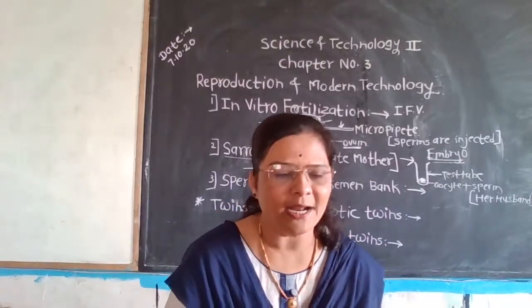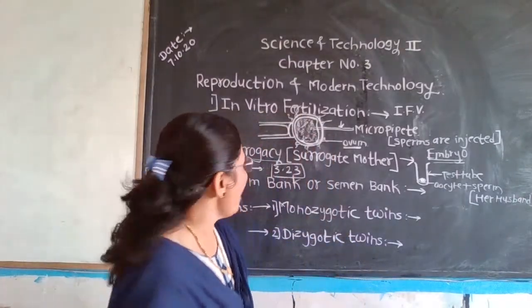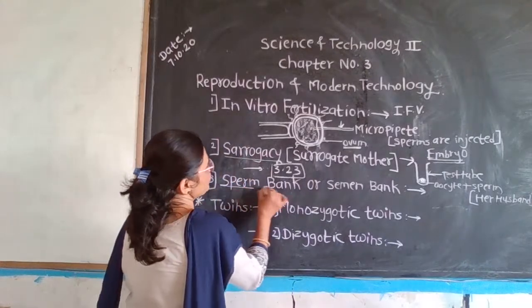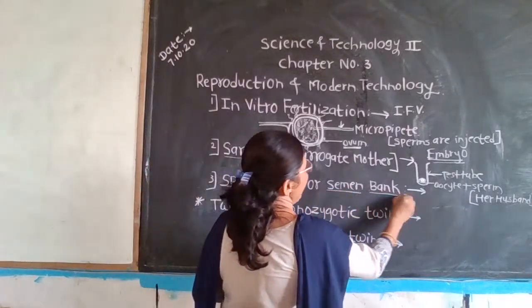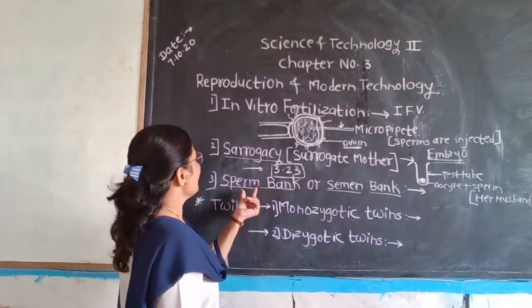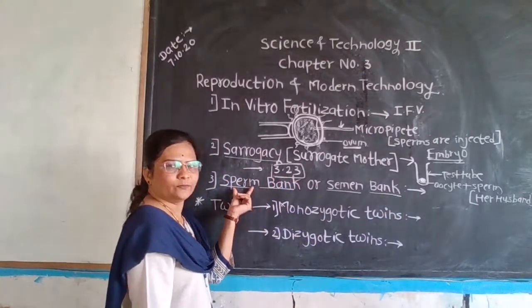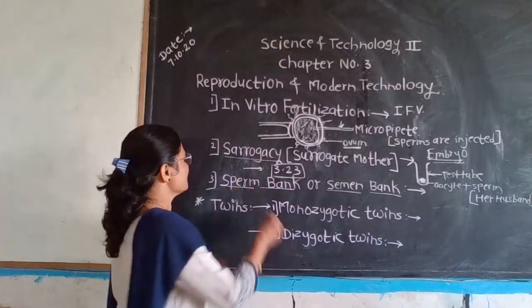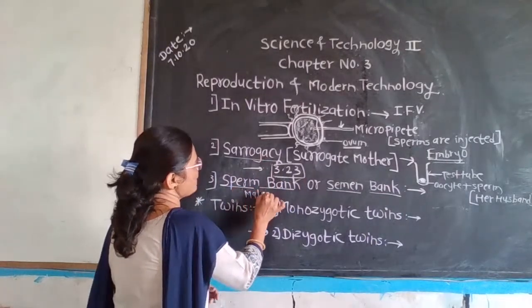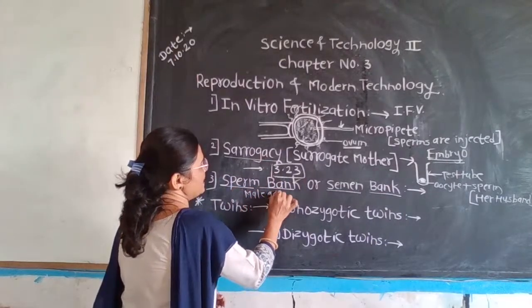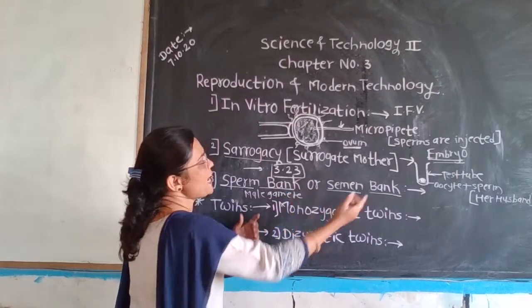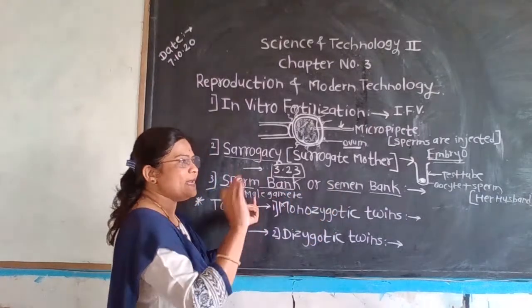The third modern technology is called the sperm bank or semen bank. Students, sperms are the male gametes, and the oocyte or ovum is called the female gamete.